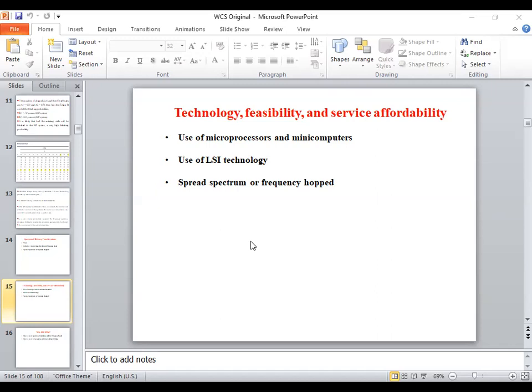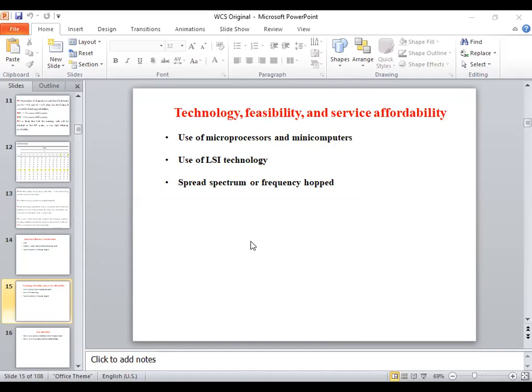These achievements were a few of the requirements for developing advanced mobile phone systems, and encouraged engineers to pursue this direction because the technology was advanced.